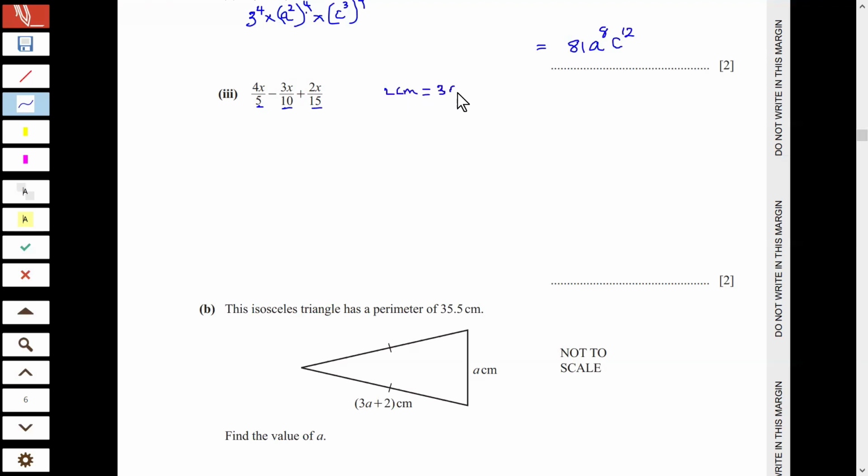is equal to 30. Now, if the LCM is equal to 30, all I'm going to do here is make sure that the denominators are the same. So we can make 5 into 30 by multiplying 5 by 6, and also do the same to the numerator, times 6.